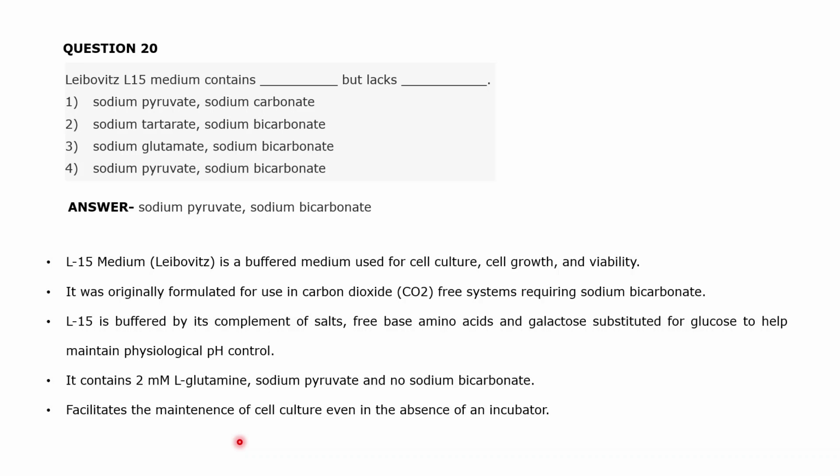A normal incubator is needed, but a CO2 incubator is not needed to maintain the growth and proliferation of the cells. So that's what Leibowitz media contains. L15 media contains sodium pyruvate, but it lacks sodium bicarbonate because it does not depend on carbonic acid buffering. Does anyone have any doubt regarding this?